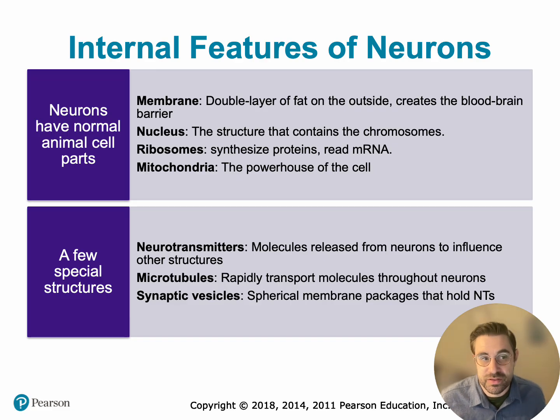One thing to remember is that neurons are just cells, just like skin cells or heart cells or any other animal cells. And so all of the parts of the cell that you've probably learned about in some science class at some point are going to apply. So they have a membrane on the outside. They have a nucleus that has the chromosomes.